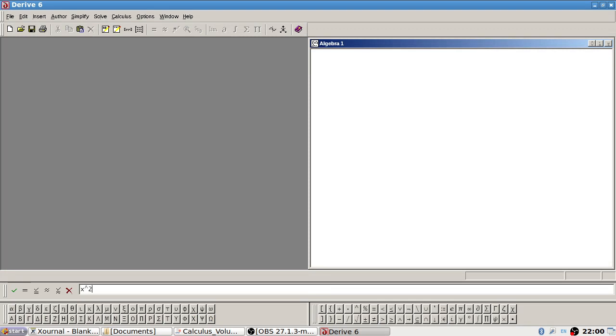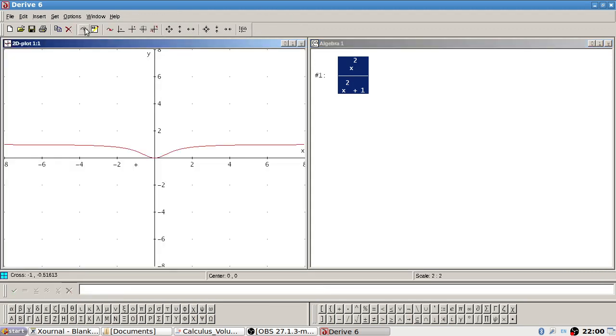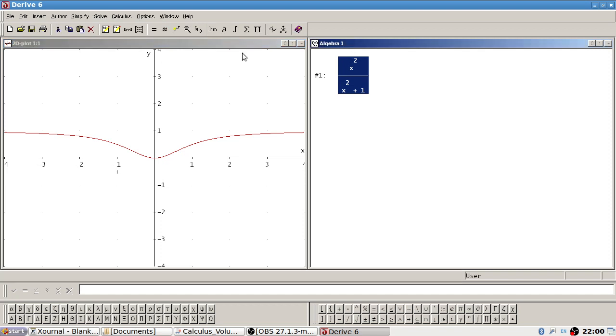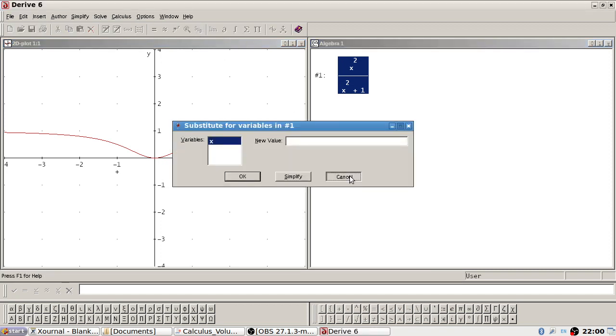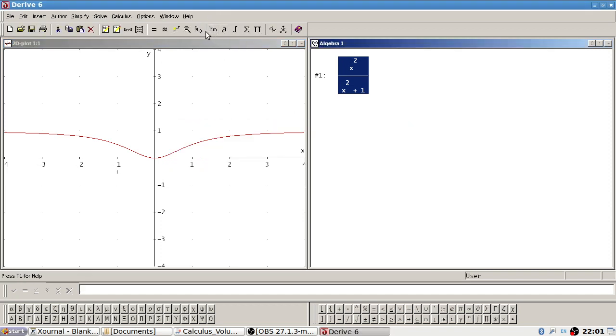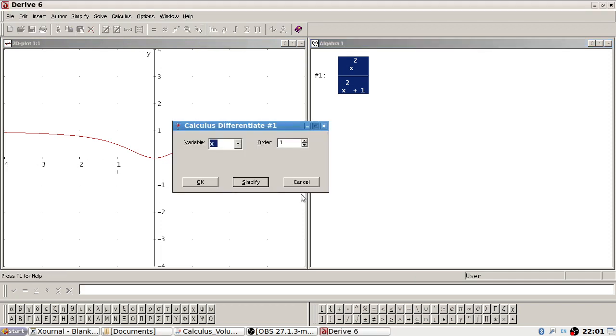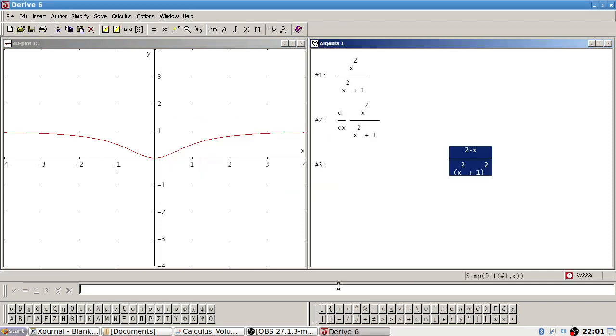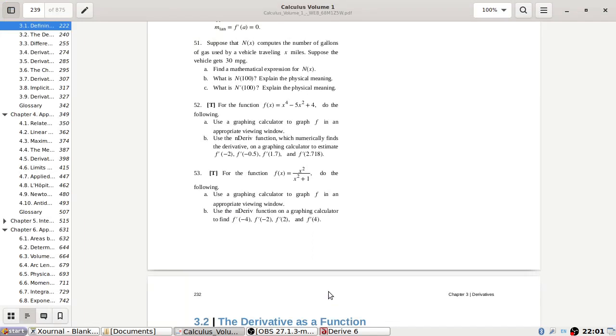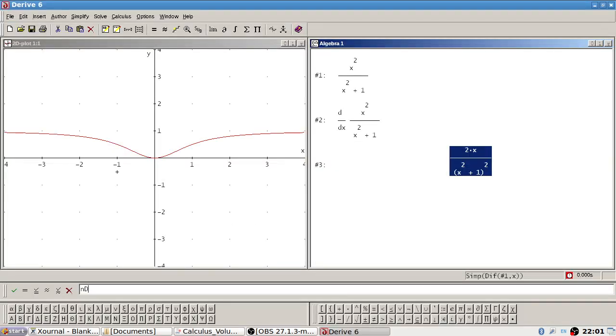X squared over x squared plus 1. Interesting graph. Oops, let's get the derivative. And let's actually make a function called N deriv of x equal to line 3.